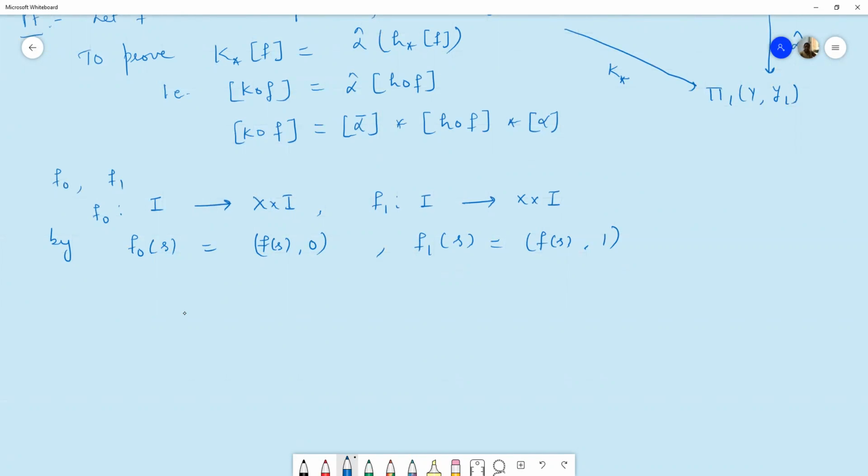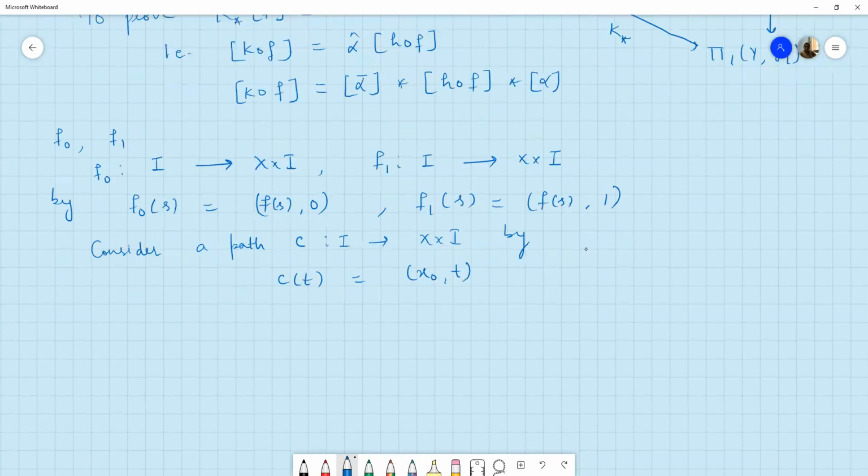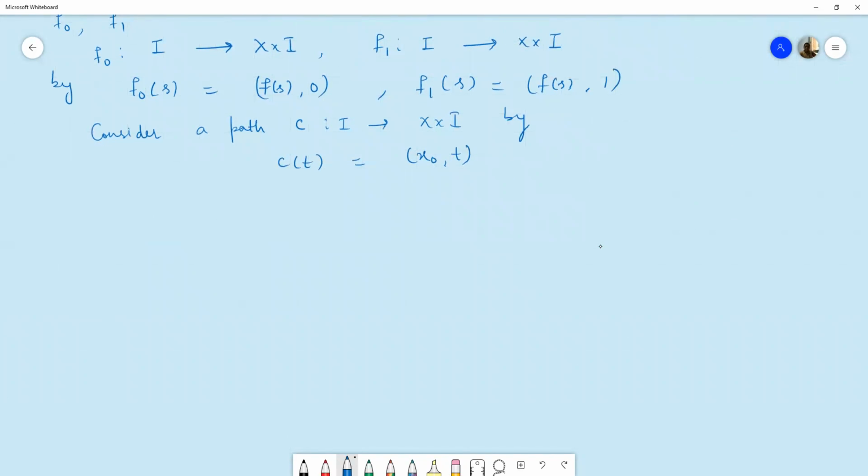Now we consider a path C again in the space x cross I, which is defined by C of t equals x naught, t. So basically we have defined all these things like in this diagram.